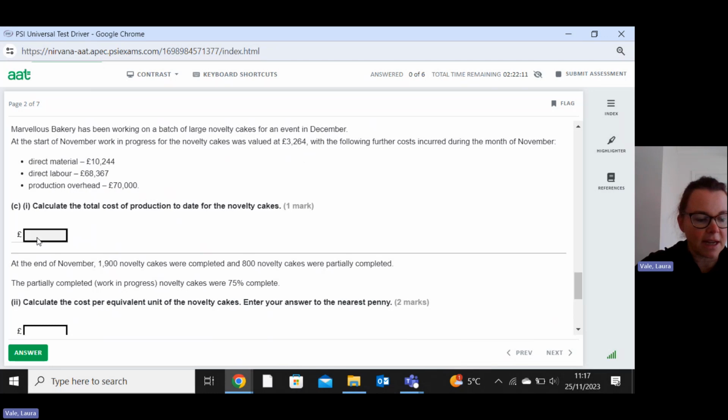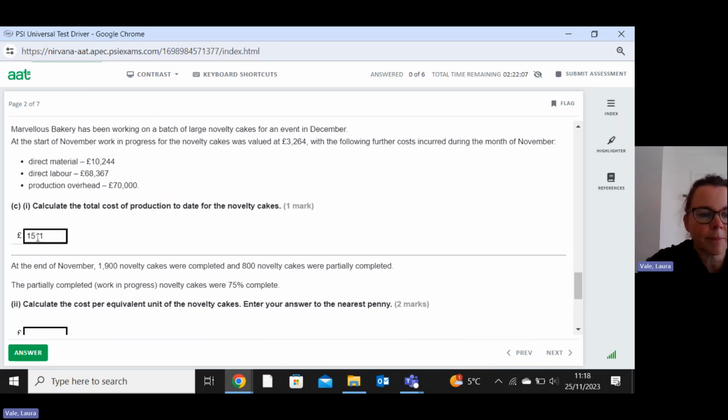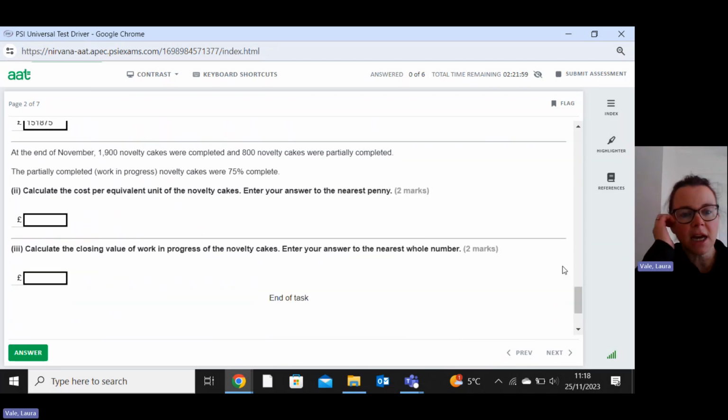So that gives us a total of 151,875. At the end of November, 1,900 novelty cakes were completed and 800 were partially completed.